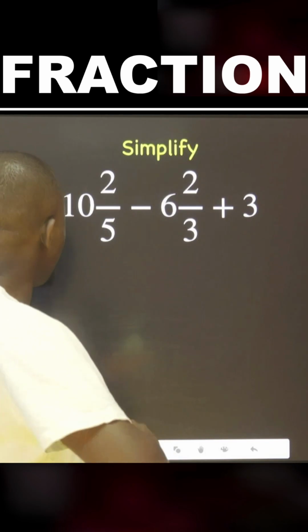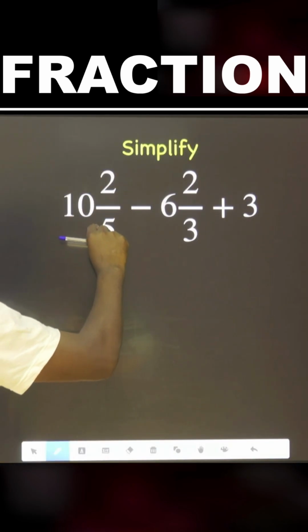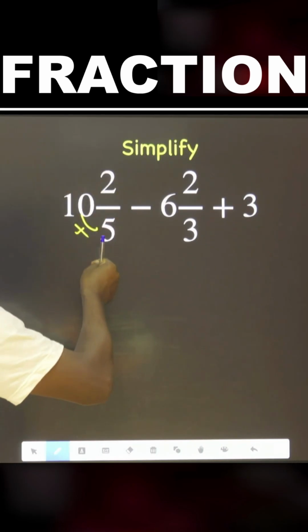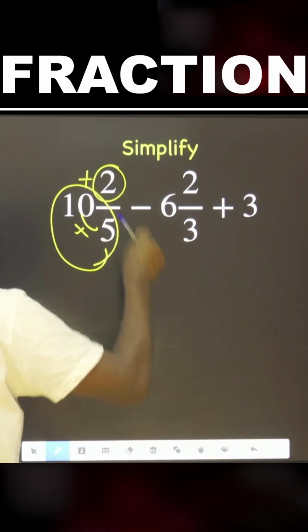So what you're going to do now, we remove the mixed fraction by, first of all, multiplying these two. Whatever answer you get, you add the answer to this numerator.